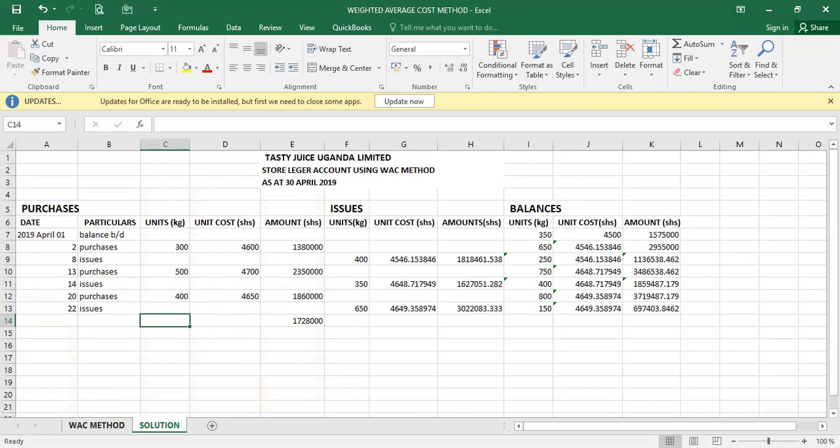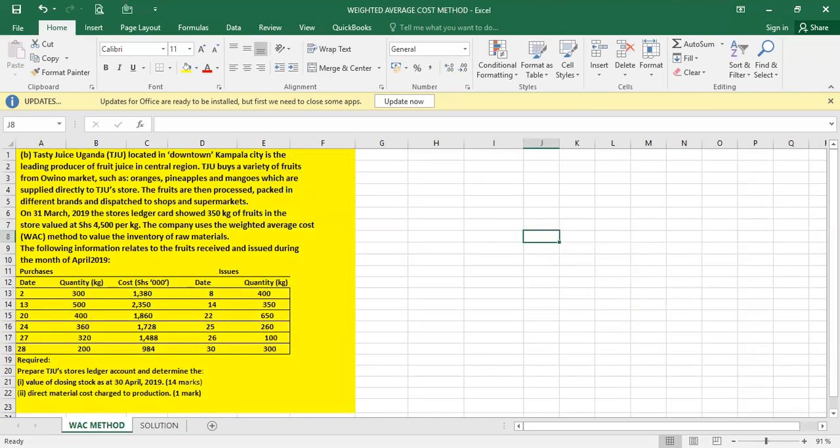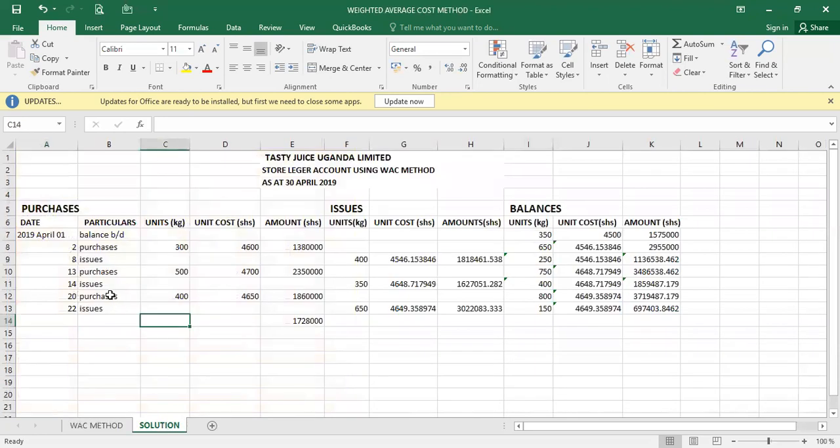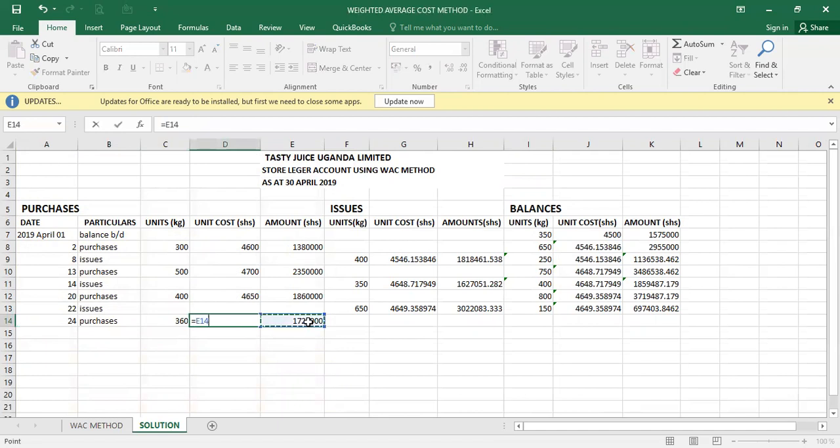There were 360 units. These are purchases that happened on 24th. What will be our unit cost? It will be this equal sign this divided by this.